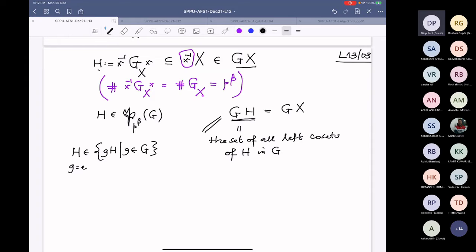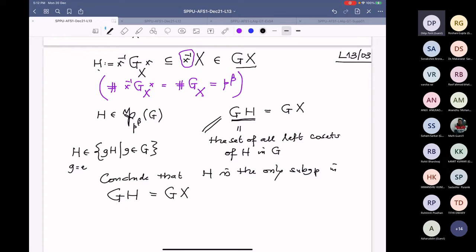And the answer, only when it is H. So among these, only one subgroup is there, namely H. So therefore conclude that H is the only subgroup in gH, but gH is equal to the orbit of X, and that proves 3.